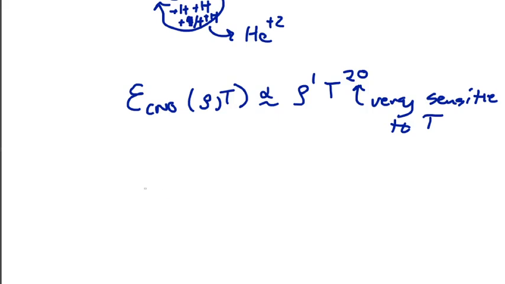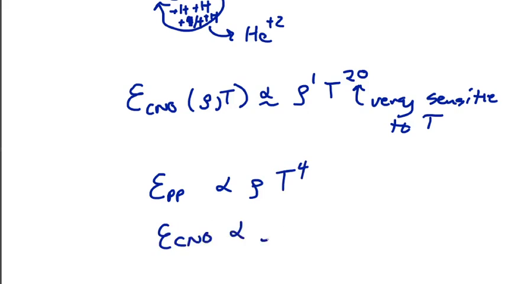So two of our sources of energy that we might see are epsilon pp, which is like rho T to the 4, and epsilon CNO, which is like rho T to the 20.